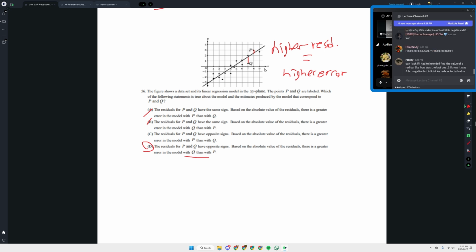Can I ask, if I had to find the value of the residual, how would I do that for the last one? I know it's A because it's negative, but I don't know how to find the value. Yeah, it's y minus y hat.